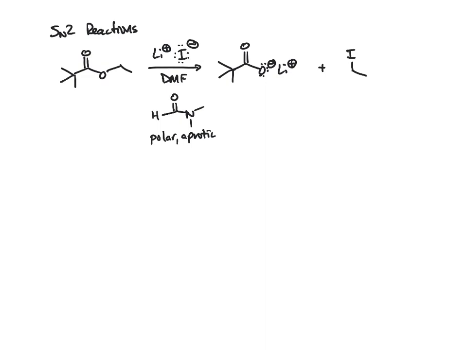You're ending up with this species here, which I'm going to call a lithium carboxylate, and ethyl iodide. So what we want to do is understand the mechanism by which this occurs.